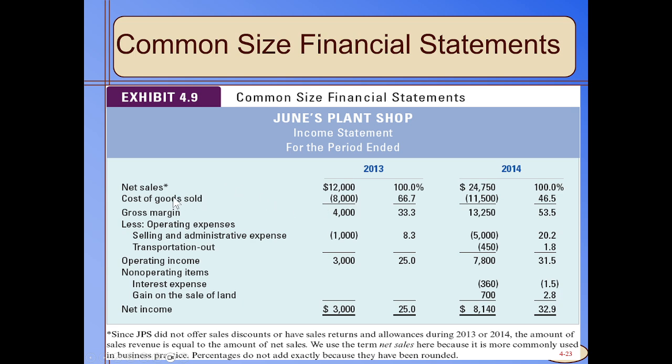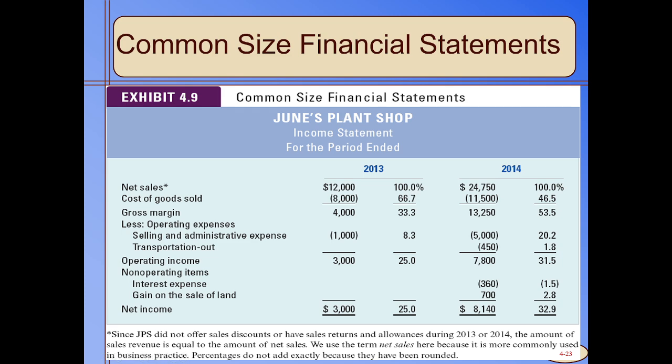They are called common size financial statements. In a common size income statement, all items on the income statement are stated as a percentage of net sales. So the net sales is 100%. All other items will be compared to the net sales.